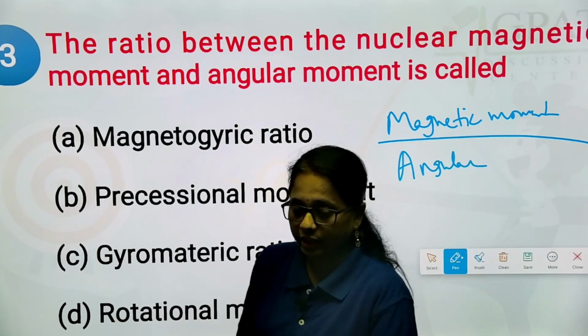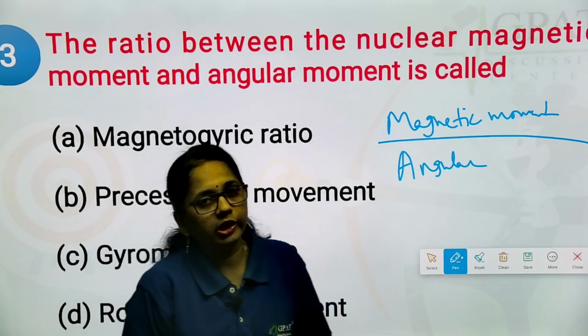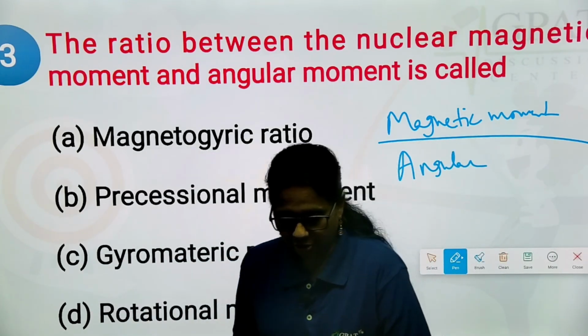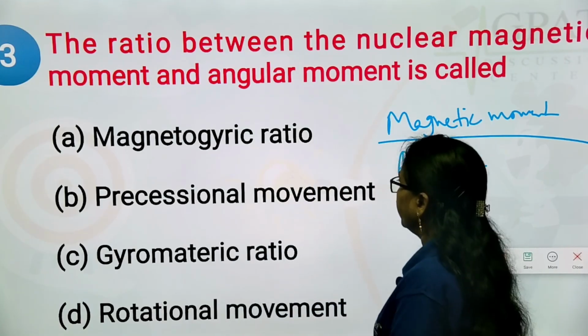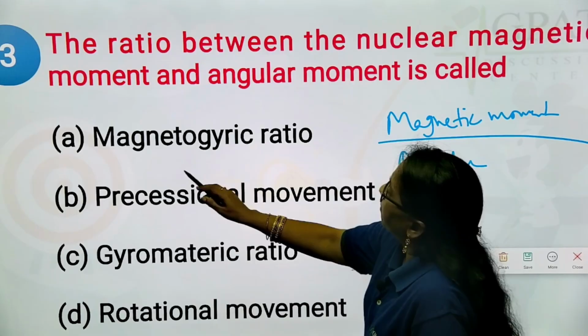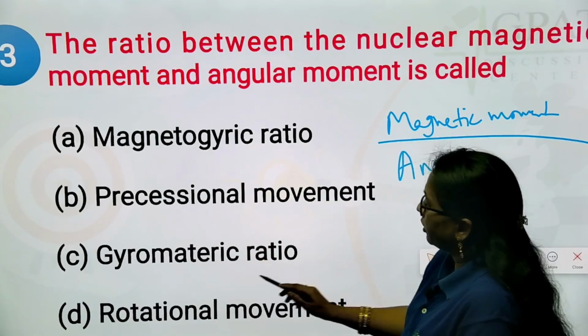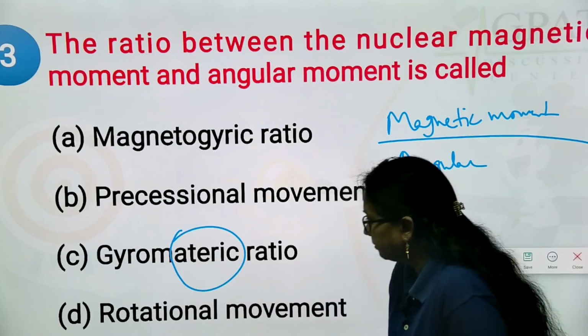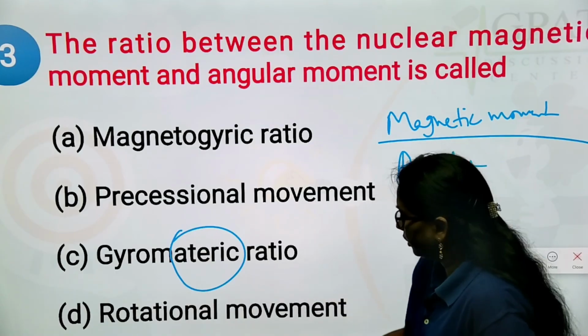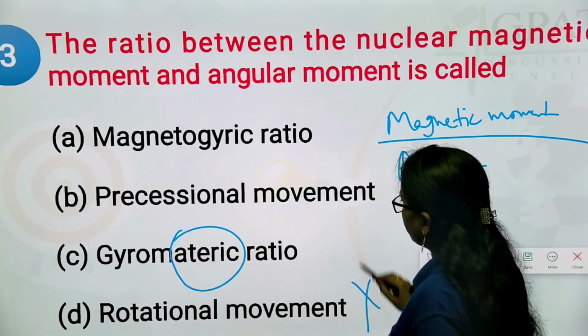Whenever we take that ratio, it is called the magnetogyric ratio or gyromagnetic ratio. In the options they have given magnetogyric ratio, precessional moment, gyrometric ratio, which is somehow a spelling variant, so that is not the correct one. Rotational moment, nowhere are these two related.